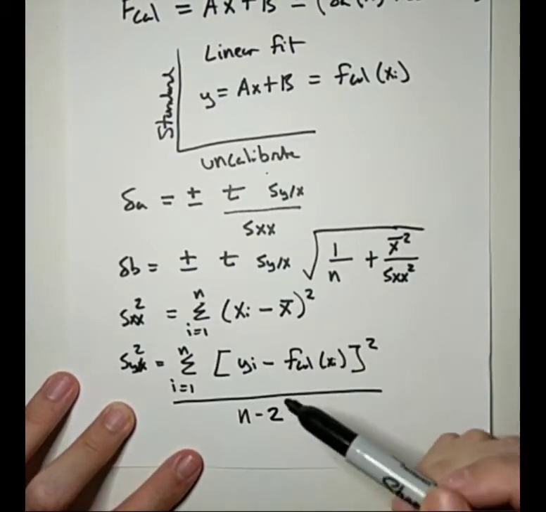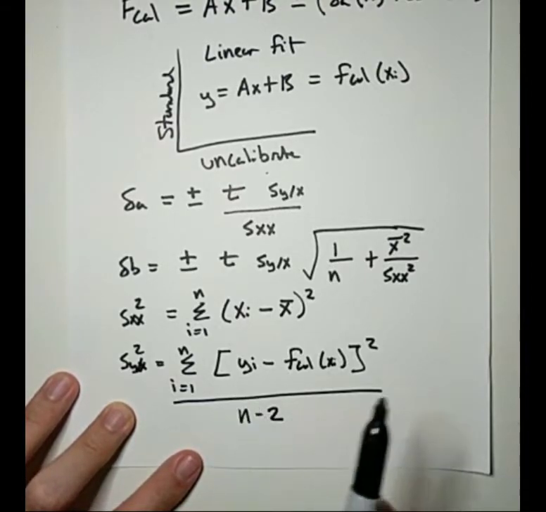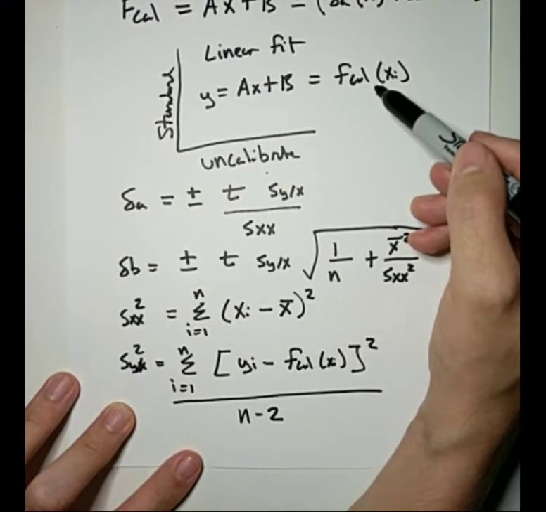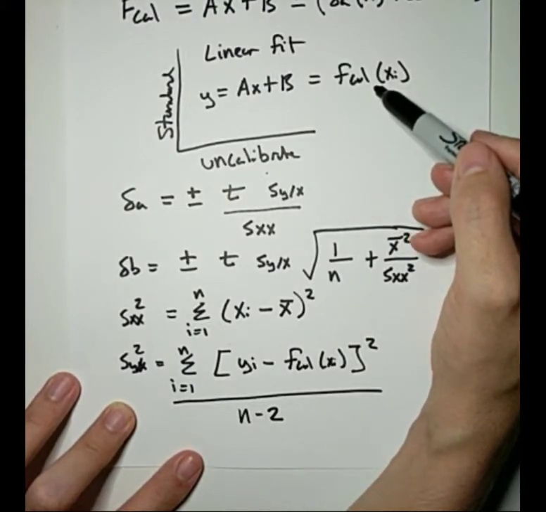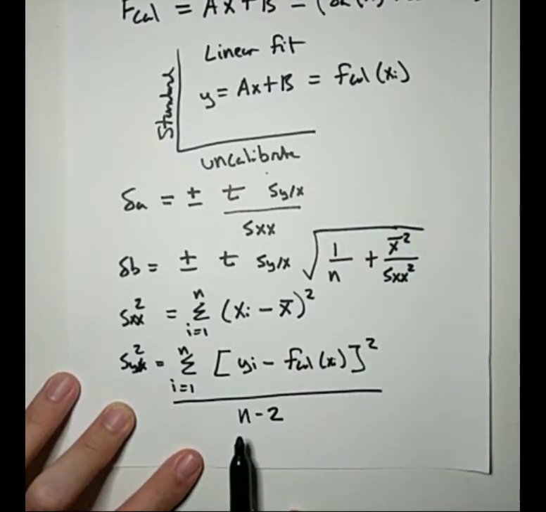So this is your standard, what it read at that data point. This is your calibrated values for the sensor you're trying to calibrate. And again, n is the number of data points.